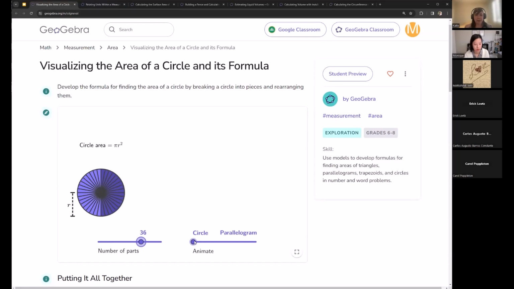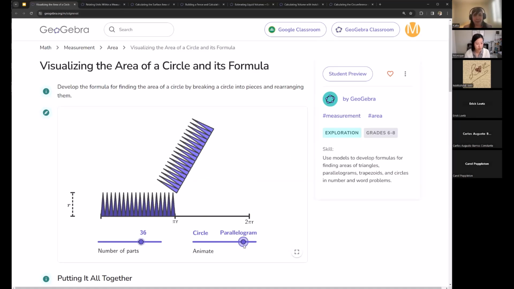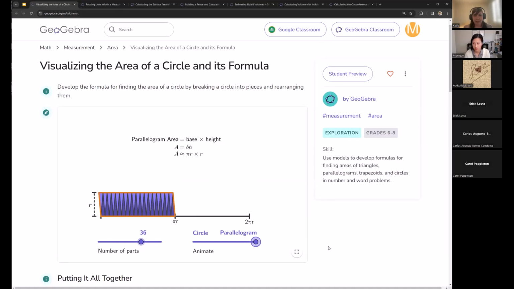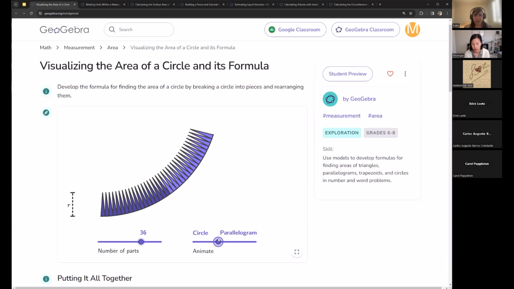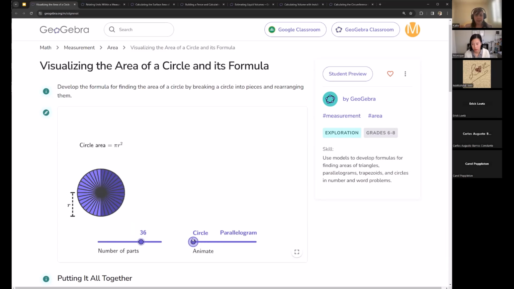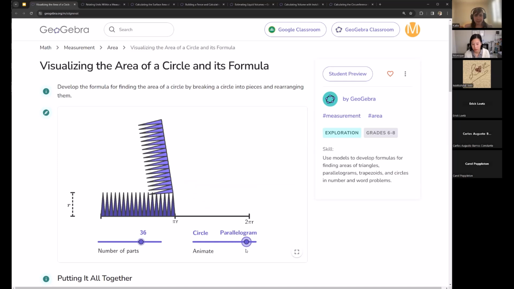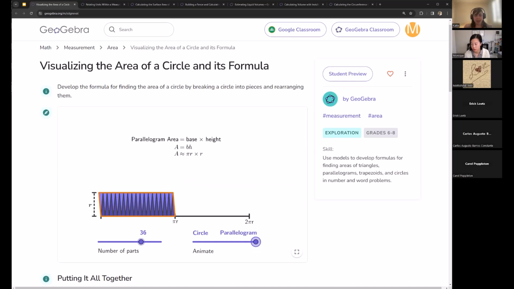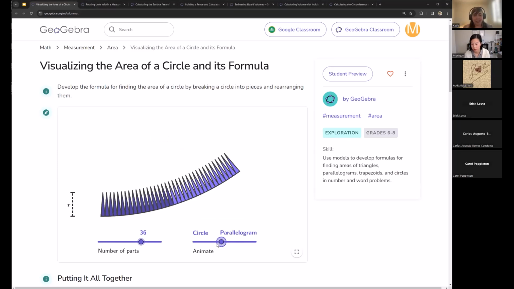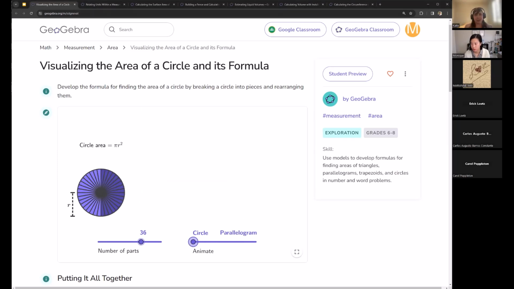And now we can animate the circle from a circle into a parallelogram. Okay, nice. Let's do it again, but a little slower. Yeah, we get this cool effect. The circle unfolds, and as it's moving, look, there's that number line where you see pi r and 2 pi r, and it moves back over and creates what appears to be a parallelogram.